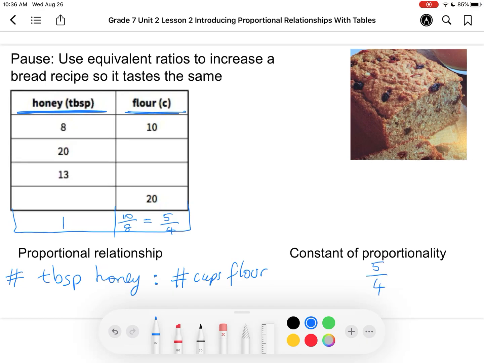So my constant of proportionality is 5 over 4. For every 1 tablespoon of honey, I have 1 1/4 cups of flour.